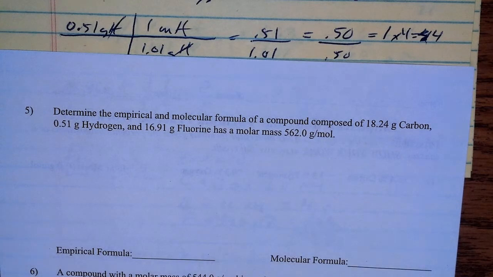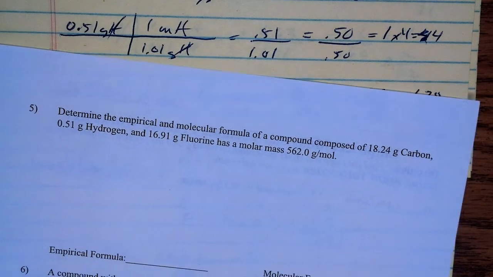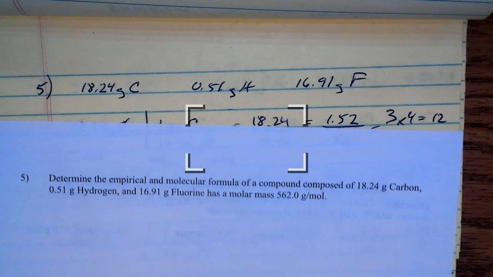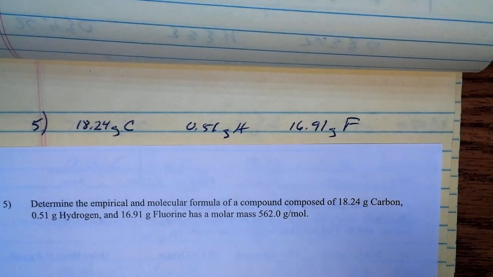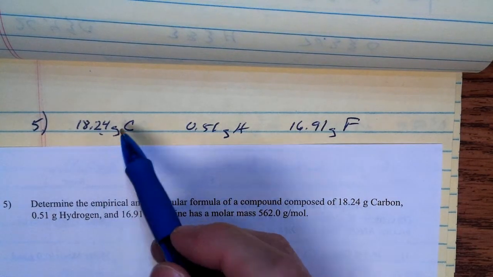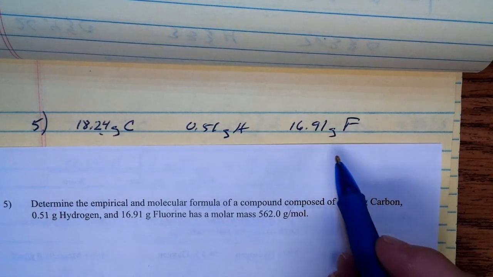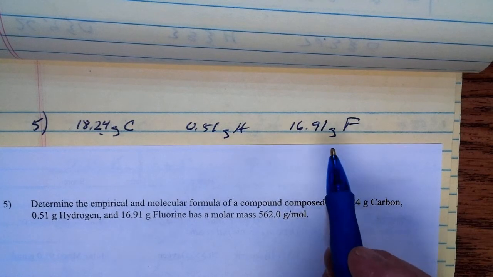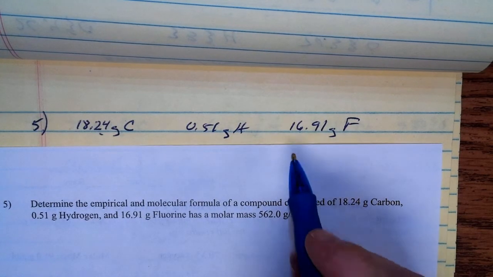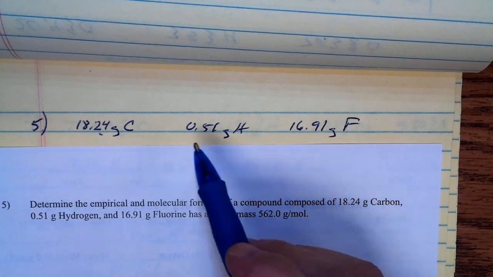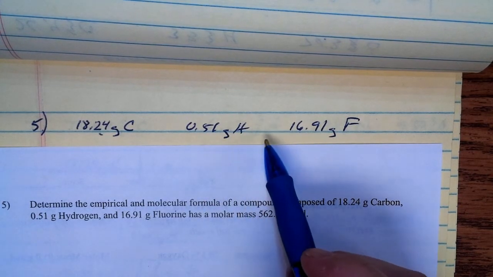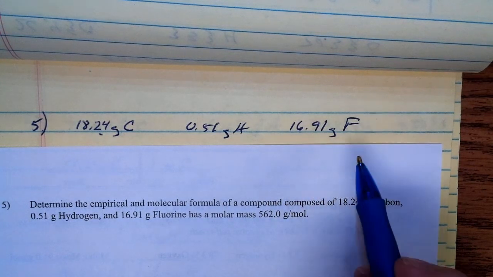Well, first thing we're going to do is assume a 100 gram sample. But in this one particular problem we did not have to assume that percent is equal to grams, because it was already given to us in grams.